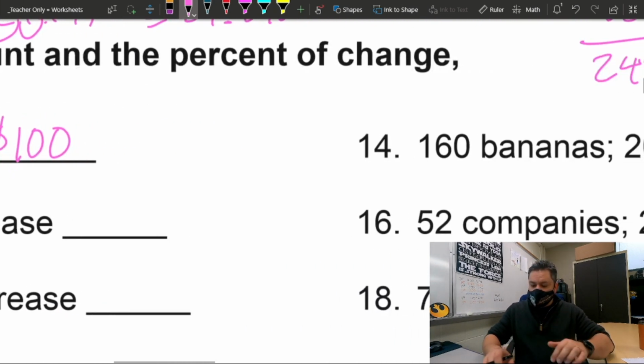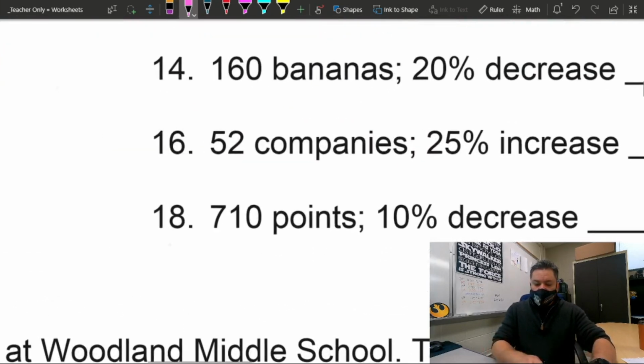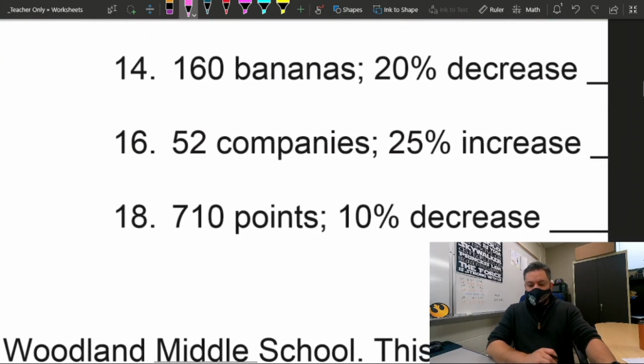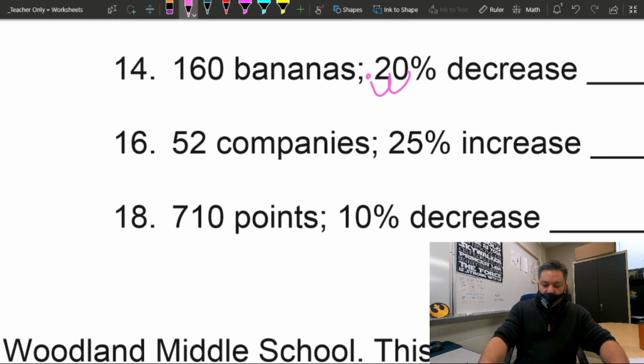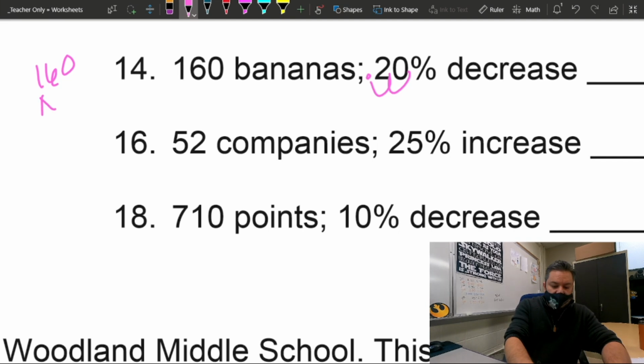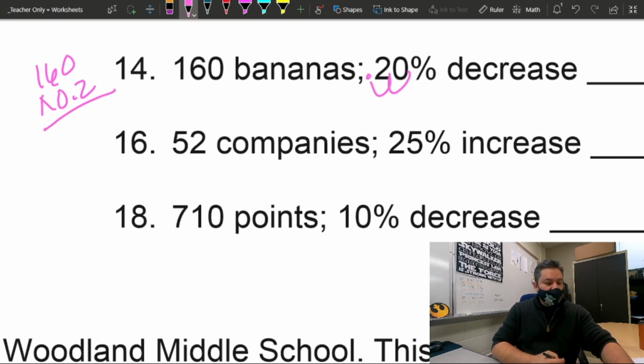Number 14. 160 bananas, 20% decrease. Again, you're going to convert percent to decimal. 1, 2. That becomes 0.2. So you're going to multiply 160 times 0.2, which gives us 32.